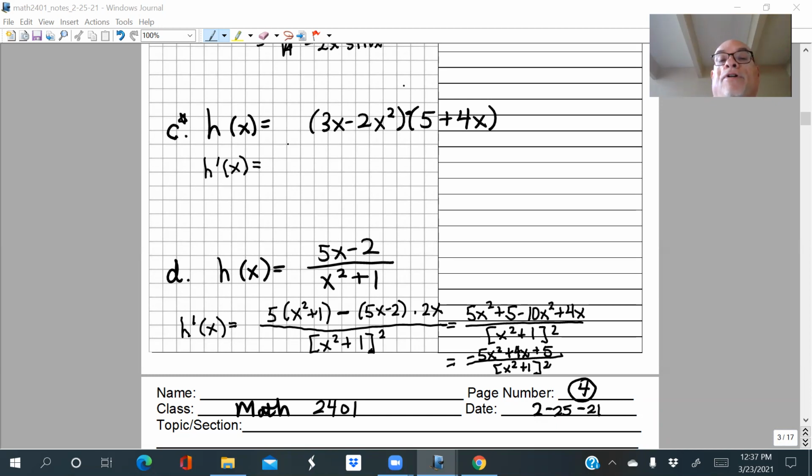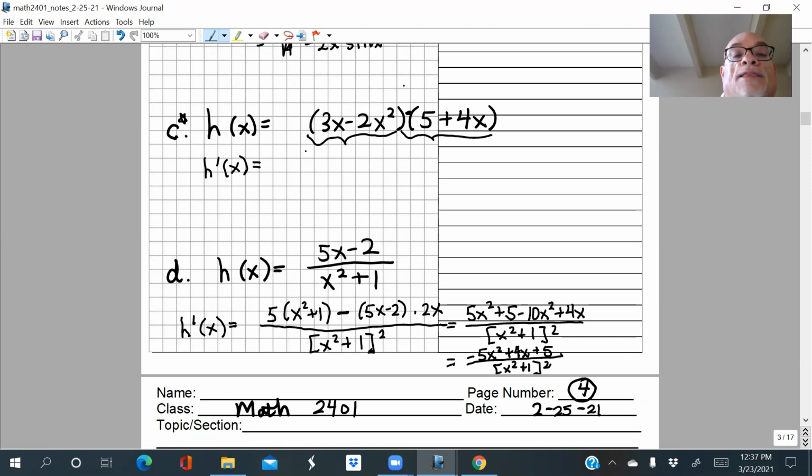And so we already decided that we were going to use the product rule here. So we just have to remember the product rule, and again, that's fairly simple to remember, just because of the alternating nature of the product rule.